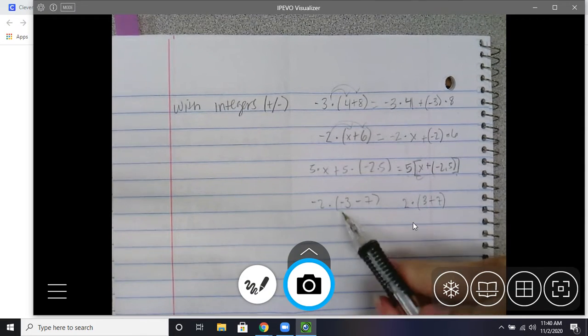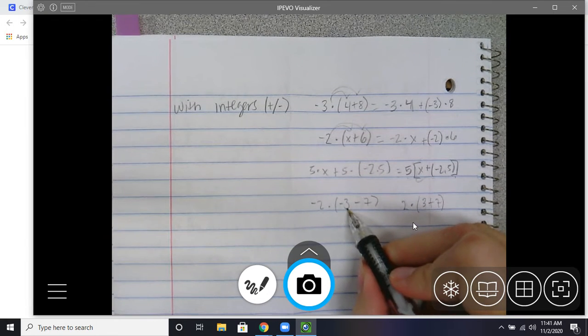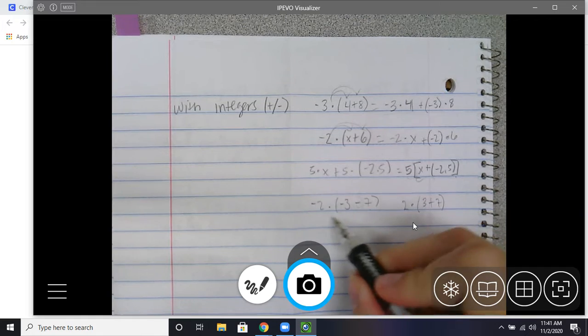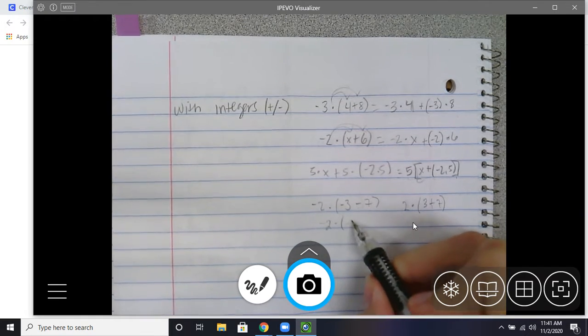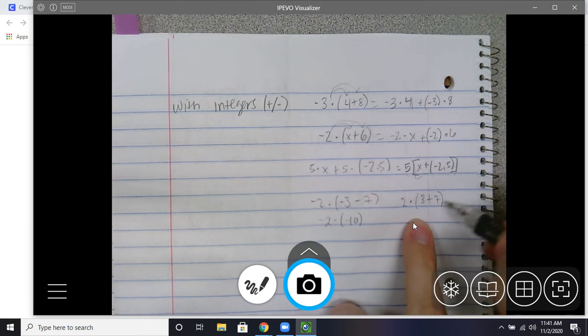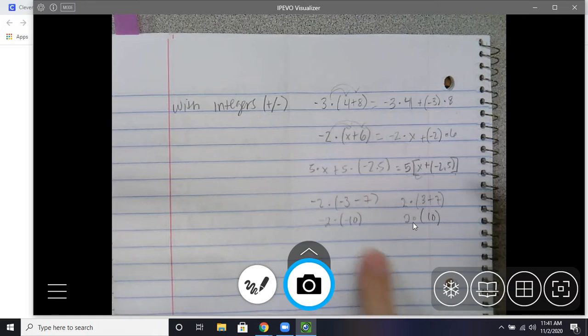So as we learned, you would do what's in the parentheses first. So negative 3 minus 7, you're already in negative land and you're going further into negative land. So that's going to put you at negative 10. This is you're just in positives here. So this is going to be positive 10.